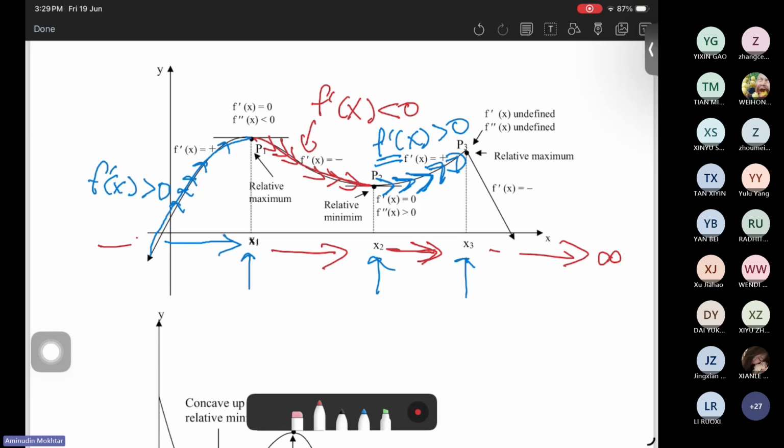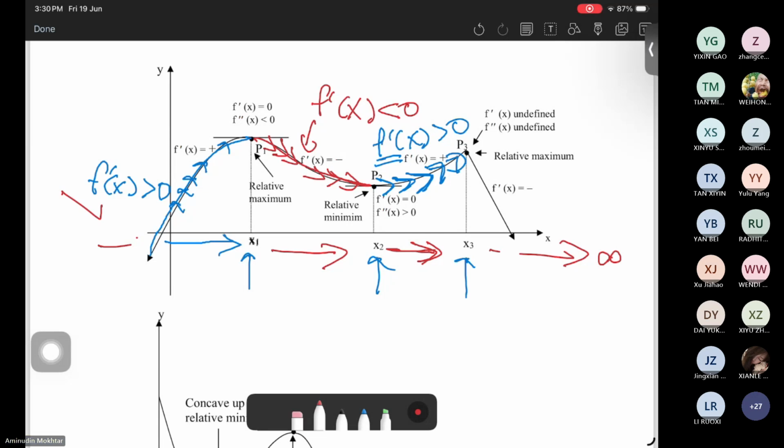That's why when x increases to x1, y also increases, because the slope is positive. Before x1, the function is increasing, meaning that the slope of the tangent line is positive. That's why I write here the first derivative of x is positive. In other words, the slope of the tangent line is also positive.